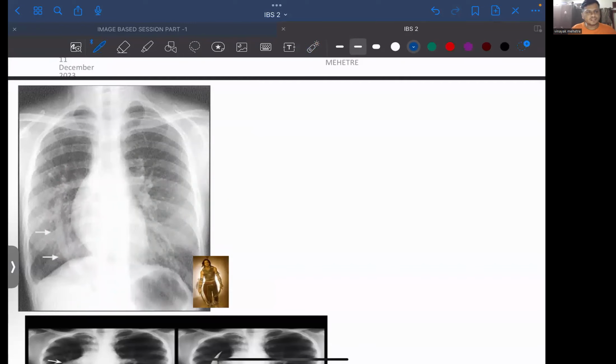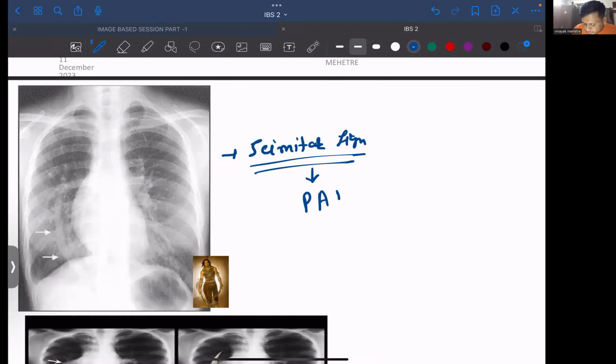You can remember it like talwar sign. Scimitar sign or talwar sign is seen in, anyone? It is seen in partial anomalous pulmonary venous connection.